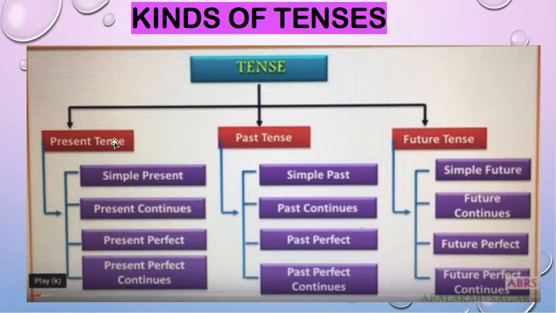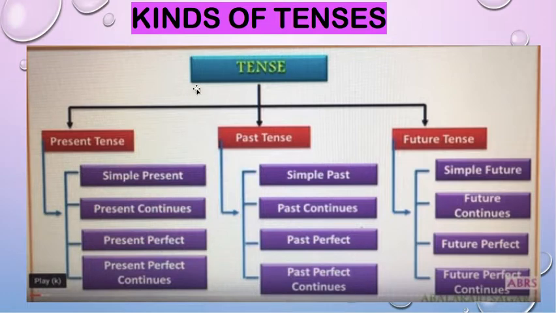First, present tense: simple present tense, present continuous tense, present perfect tense, present perfect continuous tense. Past tense: simple past tense, past continuous tense, past perfect tense, past perfect continuous tense. Future tense: simple future tense, future continuous tense, future perfect tense, future perfect continuous tense.